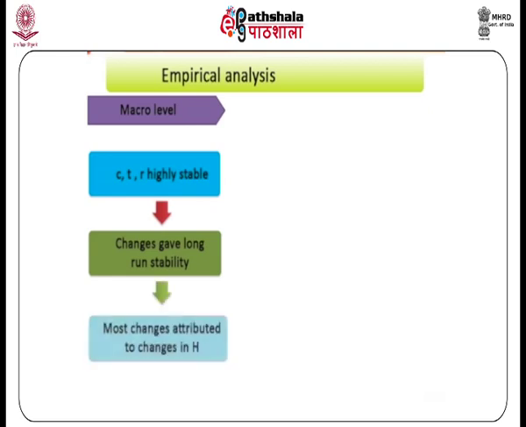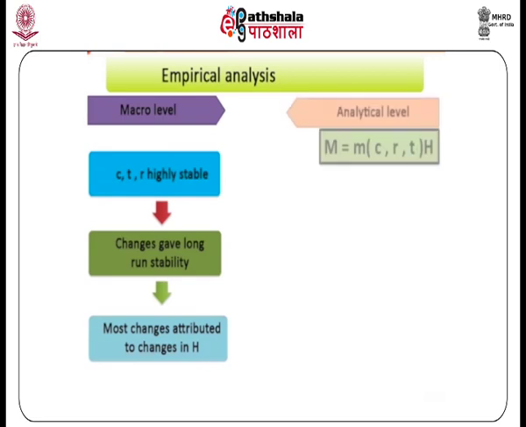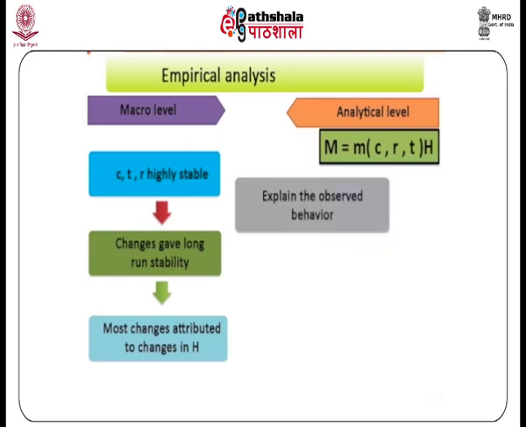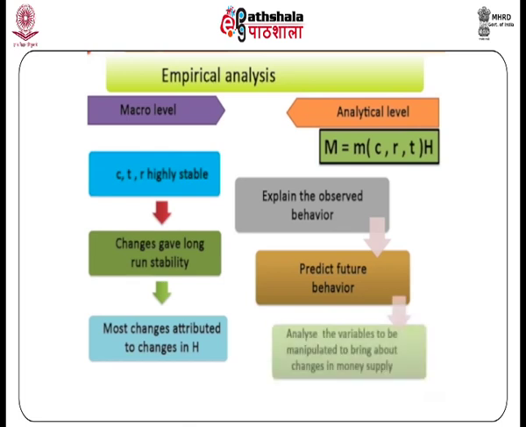Thus, most changes in money supply are attributed to changes in H. B, at an analytical level, the money supply equation can be used to explain the observed behavior and to predict future behavior on the basis of the observed behavior. We can also analyze the variables to be manipulated to bring about changes in money supply.